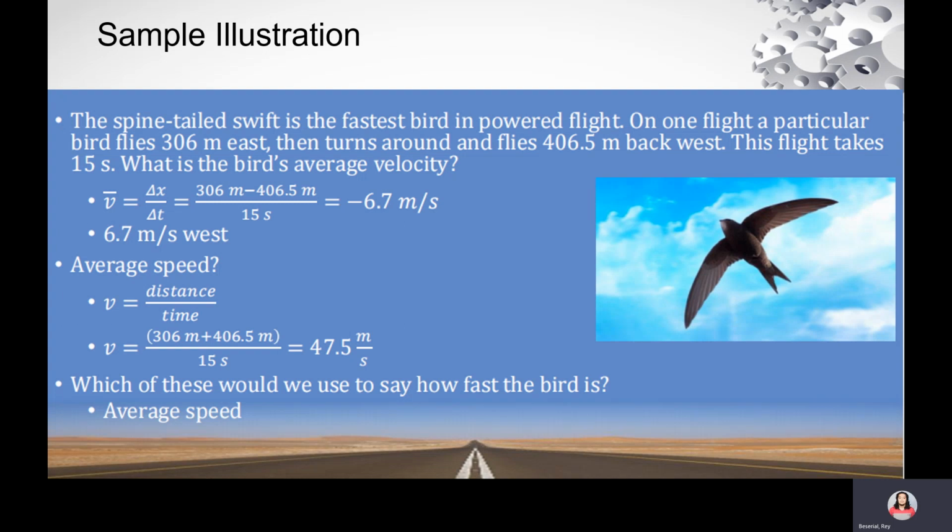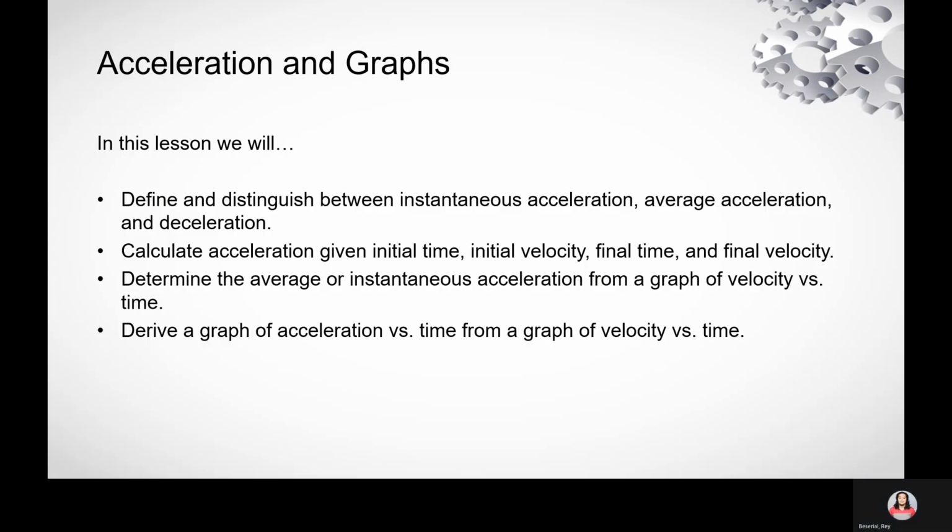So next natin, yung ating acceleration and graph. So in this lesson, we will define and distinguish between instantaneous acceleration, average acceleration, and deceleration. We will calculate acceleration given yung ating initial time, initial velocity, final time, and final velocity.